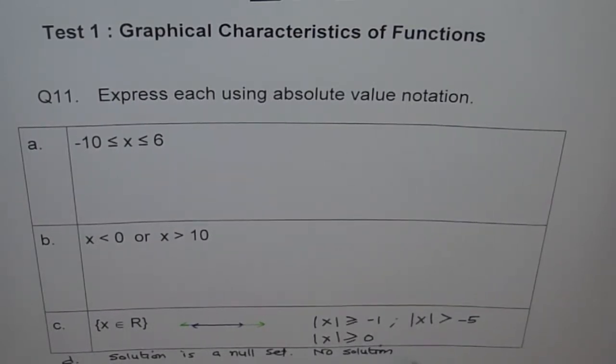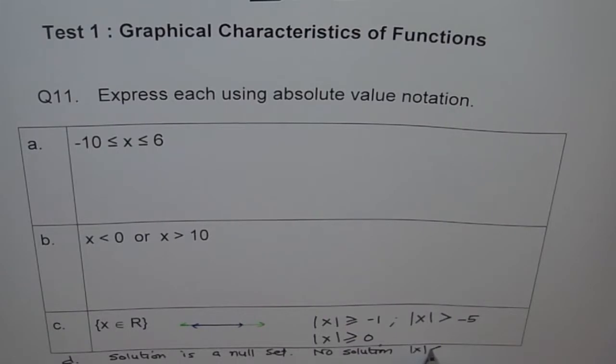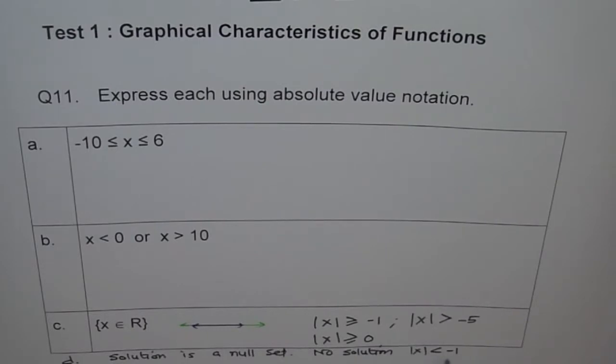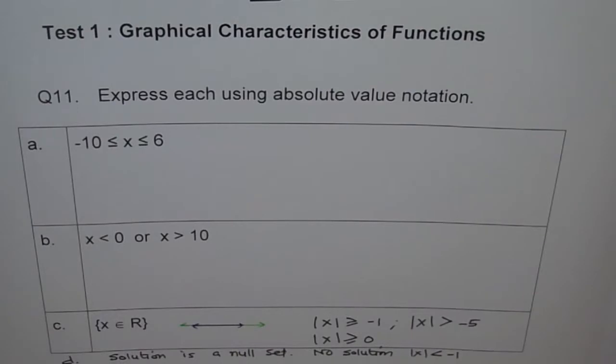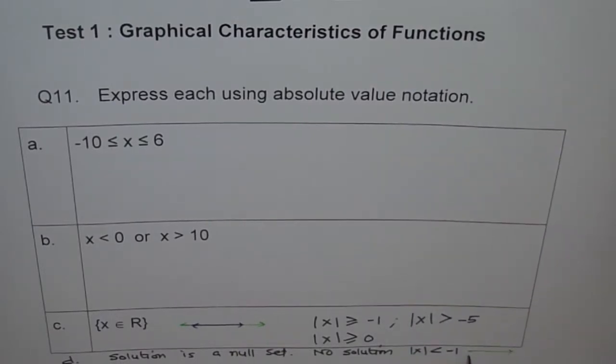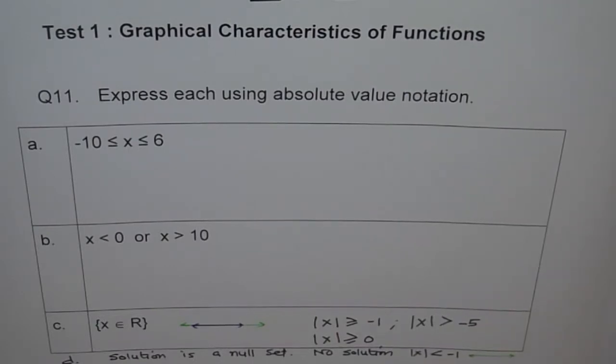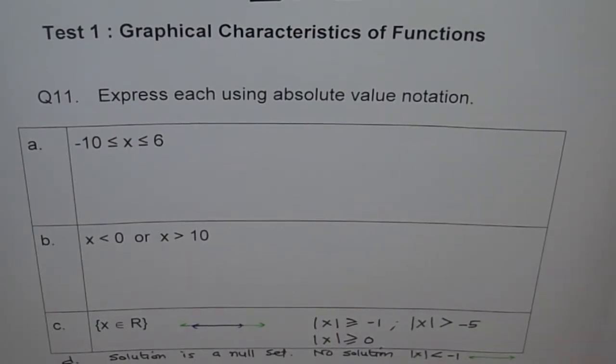Then the answer would be absolute x is less than any negative value. Because absolute x will always be positive and will never be less than a negative value. So this does not have any solution. So on a number line, you will just have a number line like this, but no solution. Do you understand? That is how it could be.